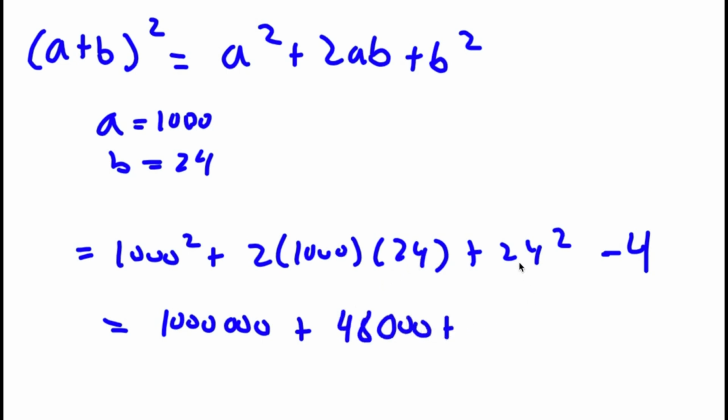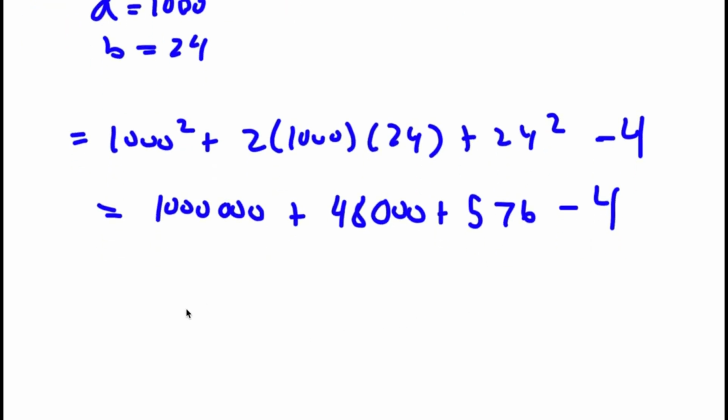Now 24 squared, that's going to equal 576. So I have 576 minus 4. And 576 minus 4 is 572.